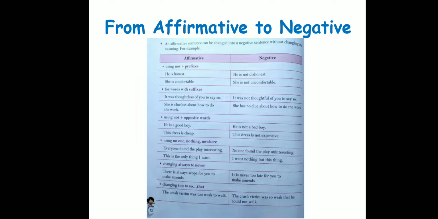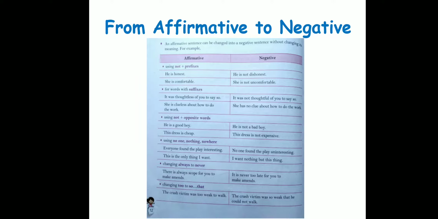So I have to use the opposite of the adjective so that the meaning does not change. Alright. That is why I have used uninteresting. So everyone found the play interesting. No one found the play uninteresting. If no one found the play uninteresting, what does that mean? That everybody found it interesting. So I have used a negative word and I have also kept the meaning of my sentence the same.